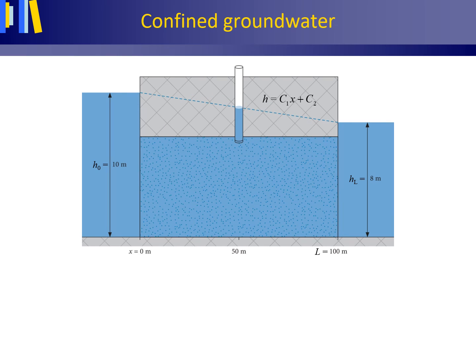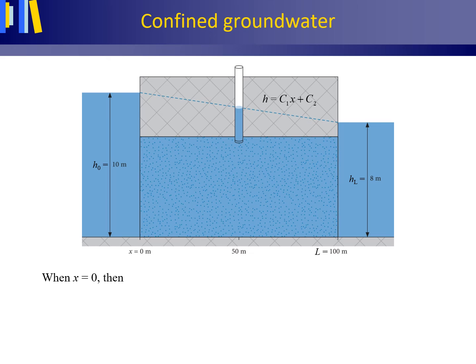What follows now is also standard procedure. We want to find out the values for C1 and C2. And you can find these values by inserting the boundary conditions. You always start off with inserting your left boundary condition, followed by inserting your right boundary condition. Let's start off with the left boundary condition.